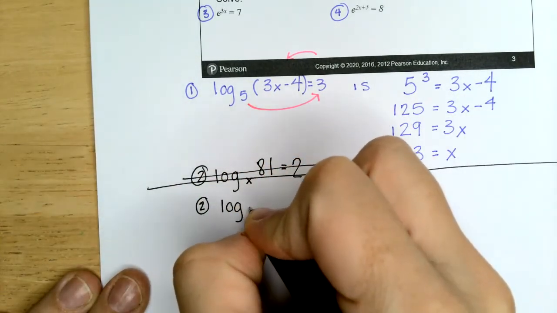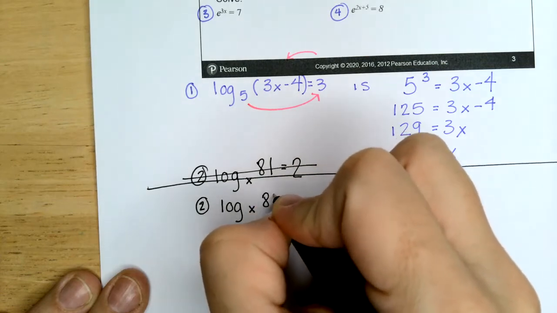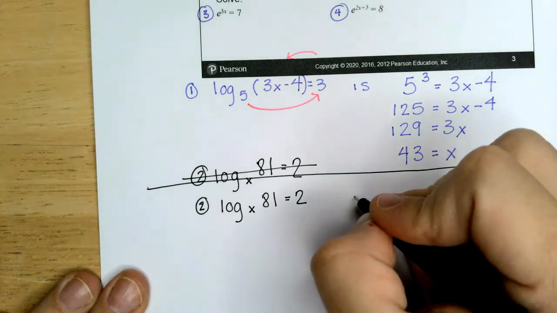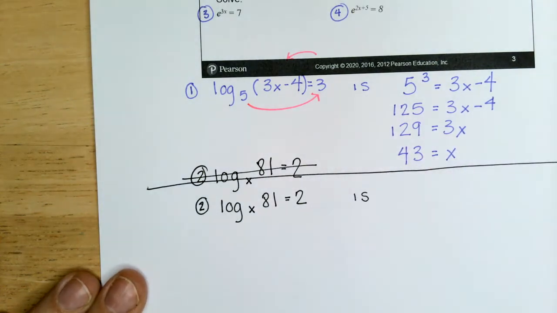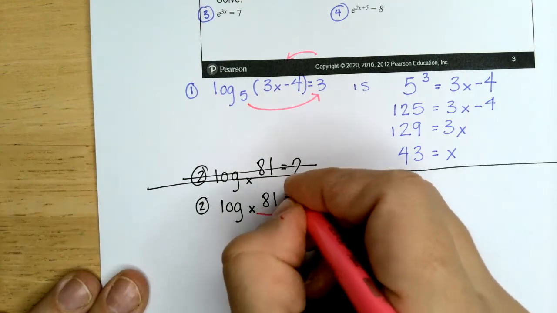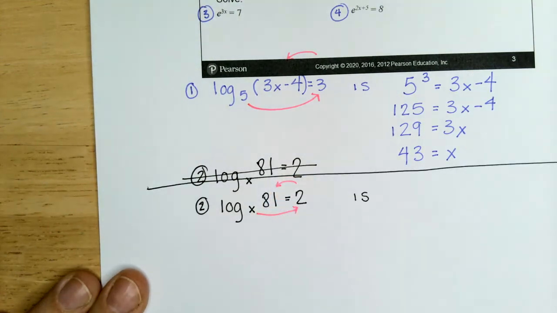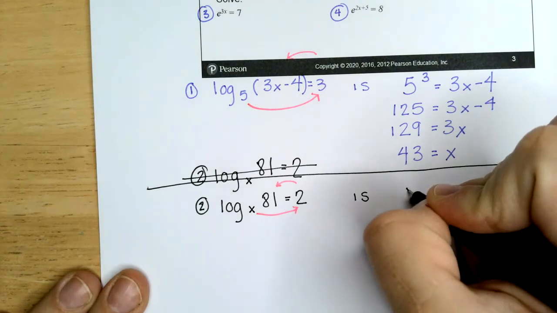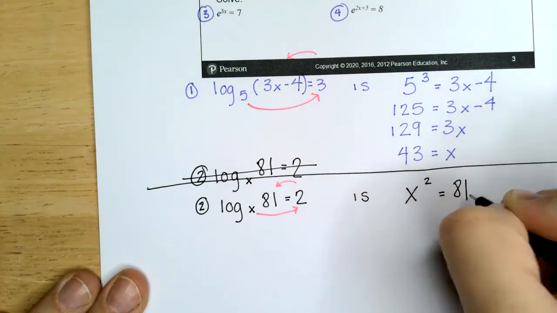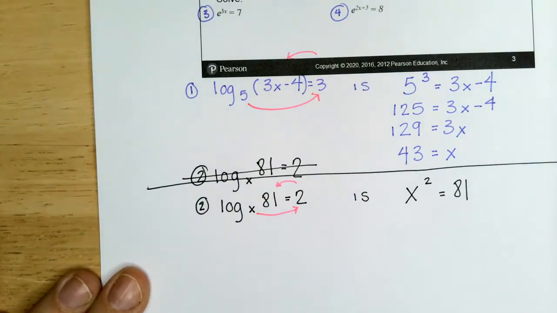Log base x of 81 equals 2 is, I'm going to do the circle. Start with base x to the power of 2 is 81. And now we're just going to solve it.